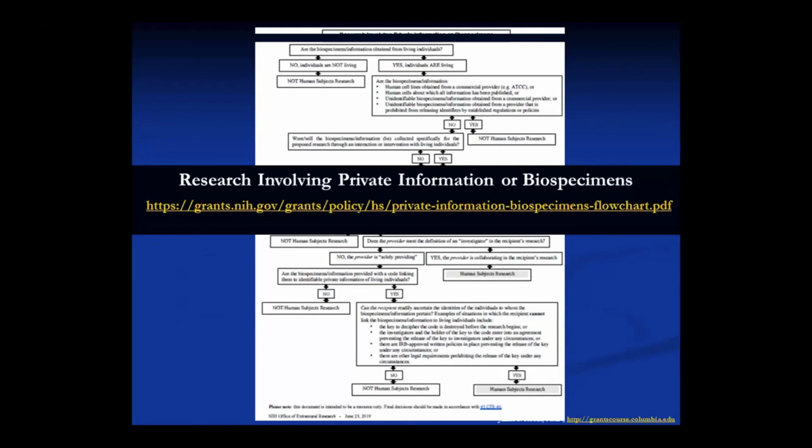I think this chart is very informative, but it helps to inform any discussion that you would have with the IRB. My suggestion is the IRB is most knowledgeable about research with human subjects and the requirements and the guidelines and the federal rules, and have them make the determination about whether you meet the definition of research with human subjects. Is it exempt? What's the exempt number? And so forth.